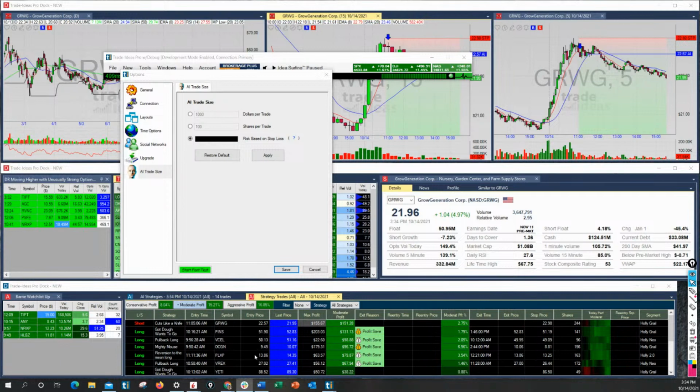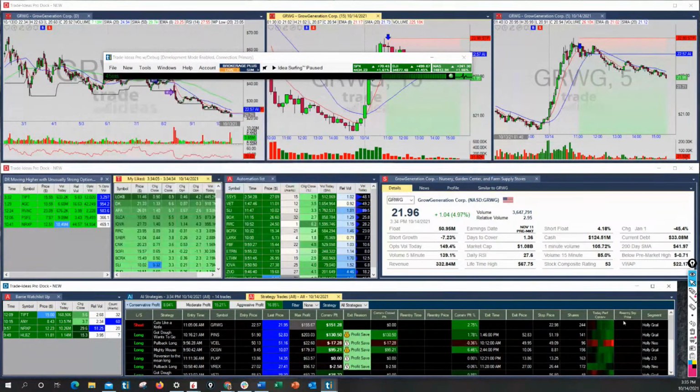That's how this shows. And so by clicking on conservative, well, let me close this, of course, now it's going to give me conservative based on the columns that I want to see. So you got your conservative profit here based on $100 risk, so on and so forth. All right. Let me know if that makes a little more sense.